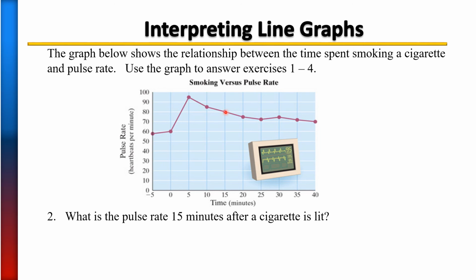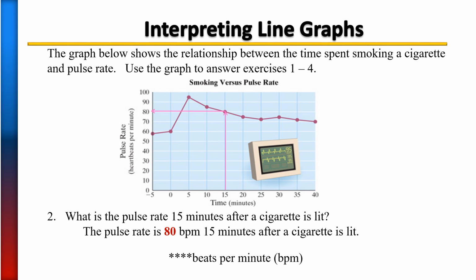To find y, you go to the y-axis, and notice that the value represented by y would be 80. So therefore, we would say that the pulse rate is 80 beats per minute, 15 minutes after a cigarette is lit.